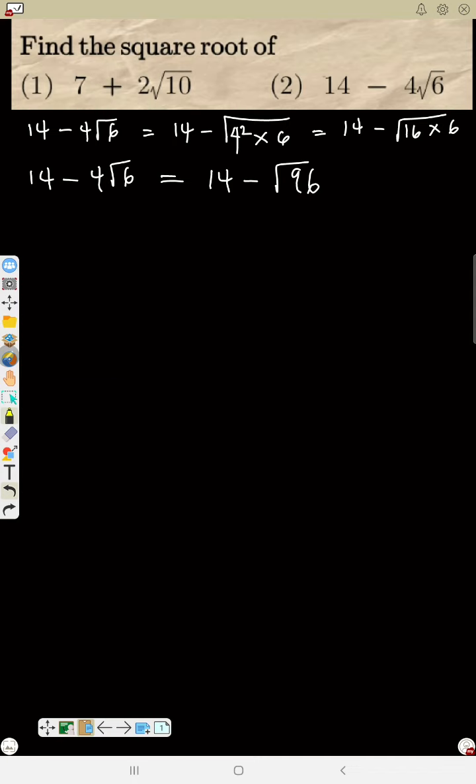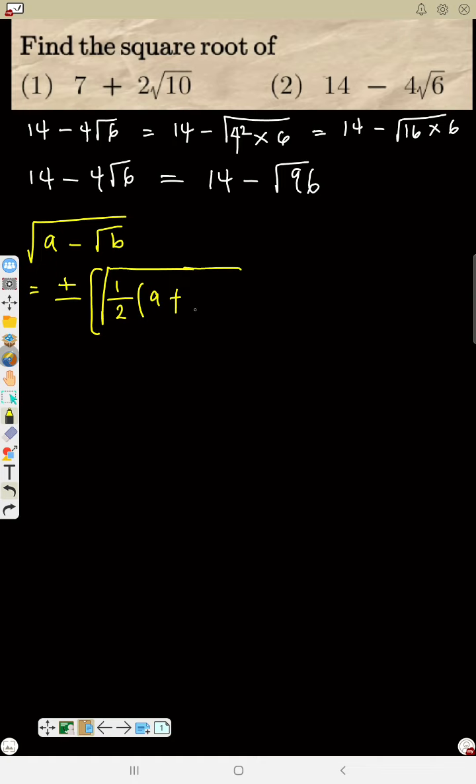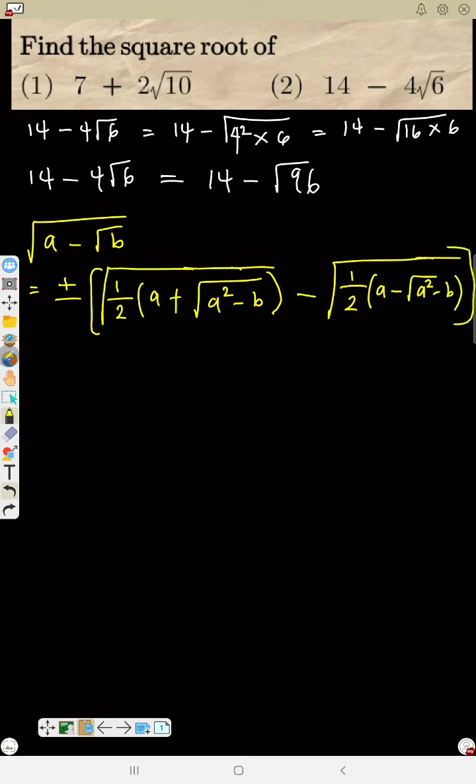So the formula is square root of a minus root b is equal to plus or minus square root of half into bracket a plus square root of a square minus b, then minus square root of half into a minus square root of a square minus b, like that.